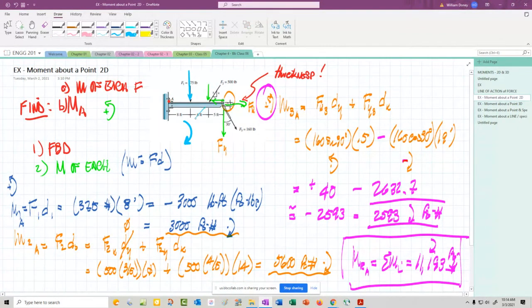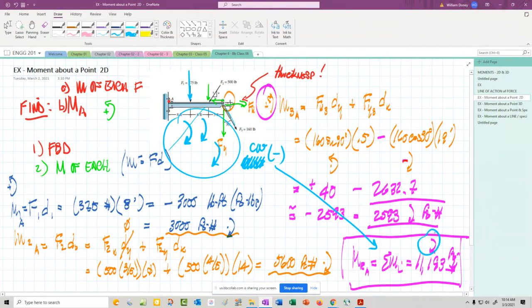This force here, if we extend that line of action, is also trying to rotate this way. This one's pulling it down, that's also that way. So all three of these are trying to rotate it clockwise, which means a negative answer. So that makes sense there.